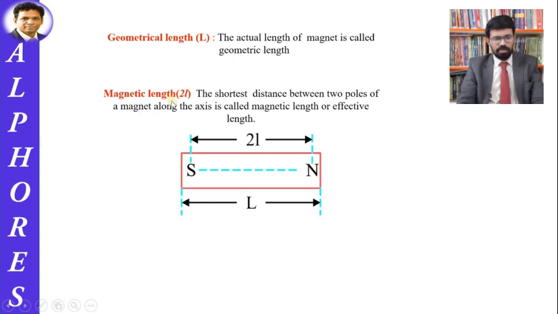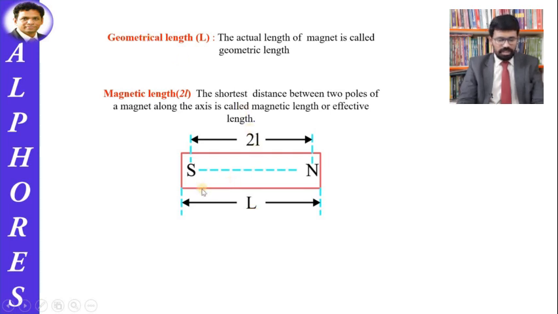Just now I said the south pole won't be on the surface; it will be slightly inside, and the north pole will be slightly inside. So the distance of separation between those two pole centers accounts for our magnetic length. And obviously magnetic length, 2L, is smaller than geometric length.